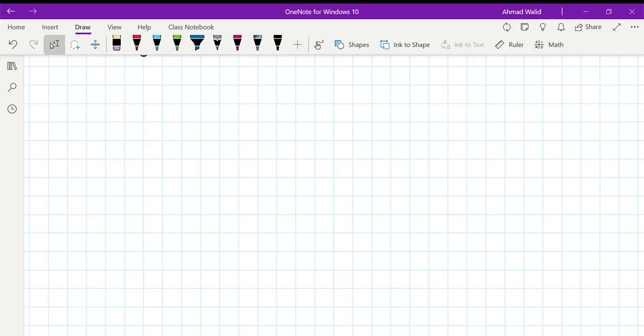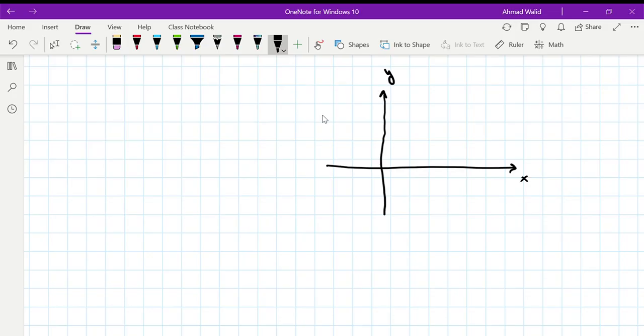Next topic to discuss is midpoint, the midpoint formula. For example, again, x, y, and I have a line like this, correct?